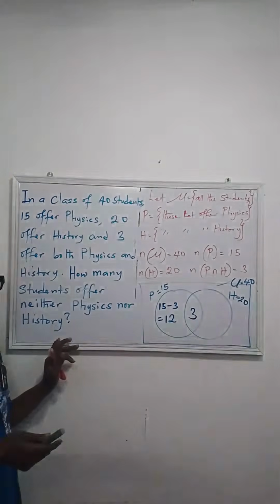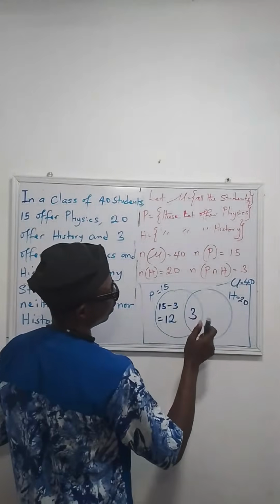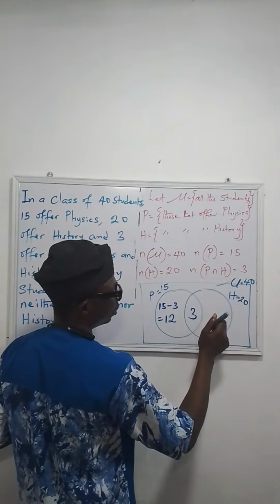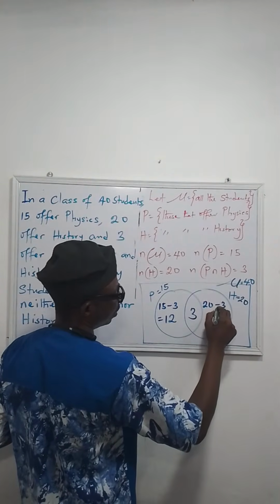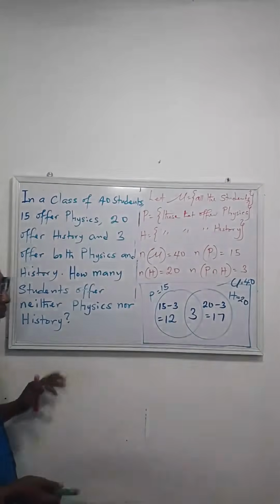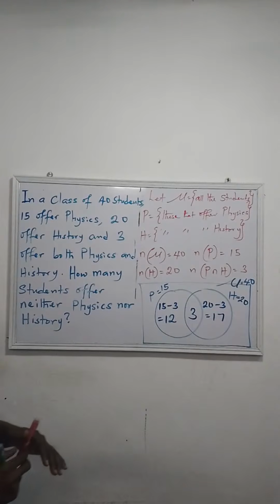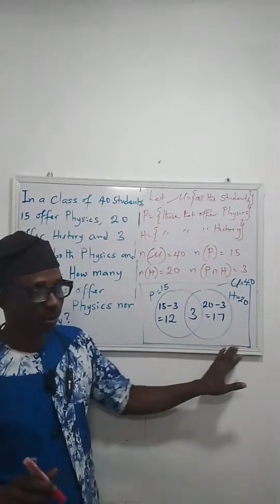So 12 students offer only physics. Now the same thing here. The number of those that offer history only, so we have 20 minus 3. That is 17. Okay. So those that did not offer any of the subjects, they are outside.